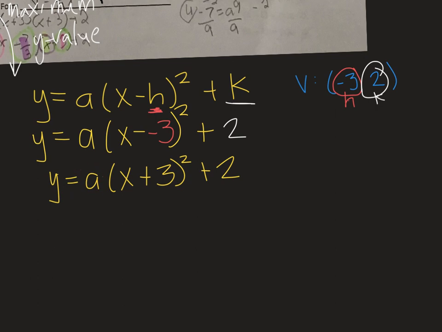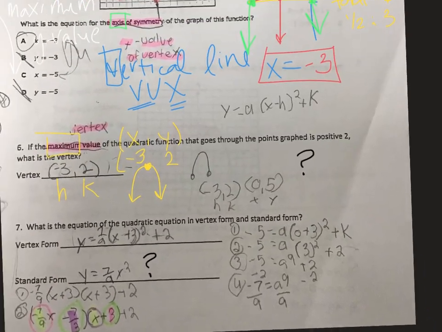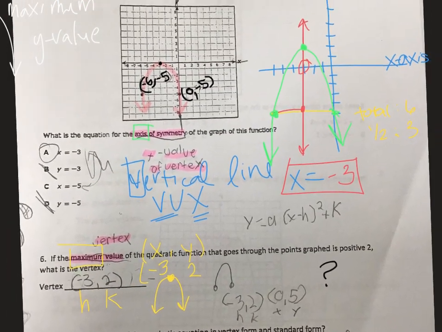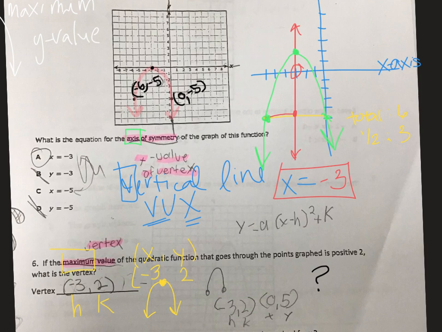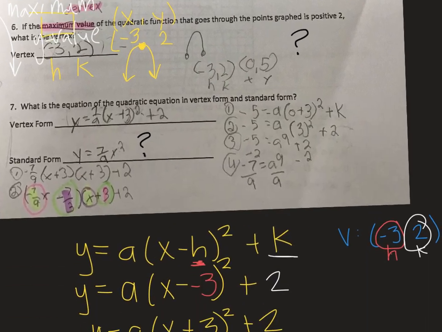Now, what points do we know that exist on this quadratic? If you look at my quadratic, I've already used this point. We can't use that point again. But it told us two original points. It told us this point, and it also told us this point. Okay, so that was the negative 6, negative 5, and 0, negative 5.